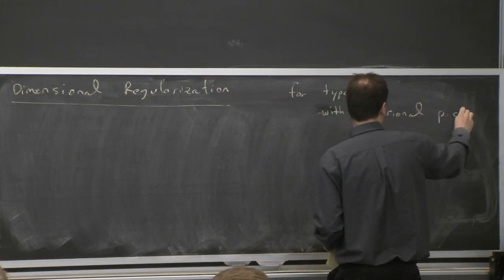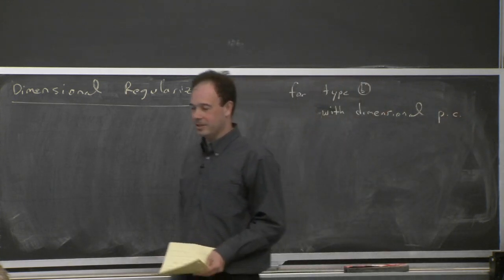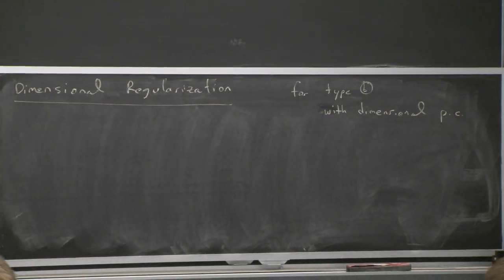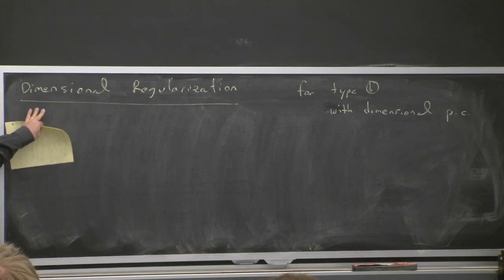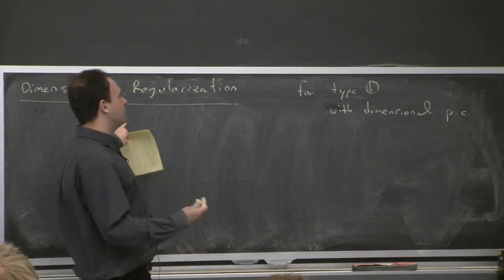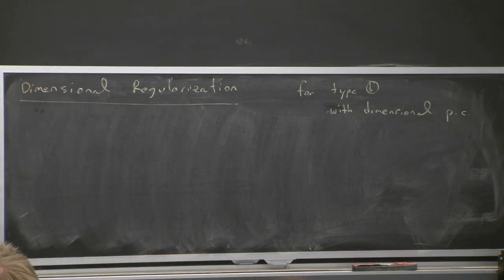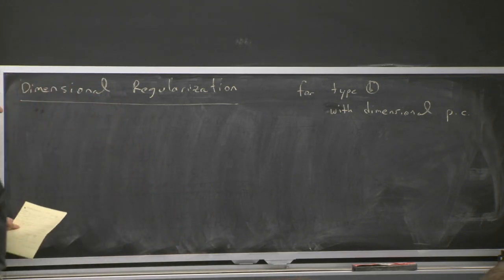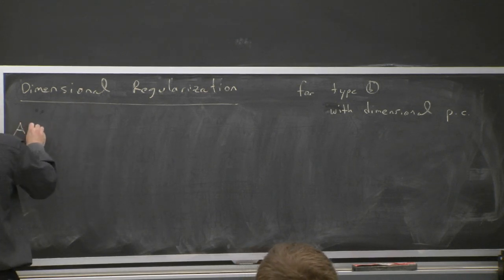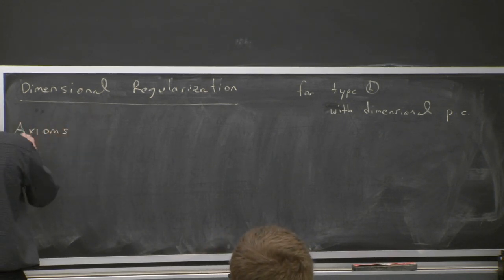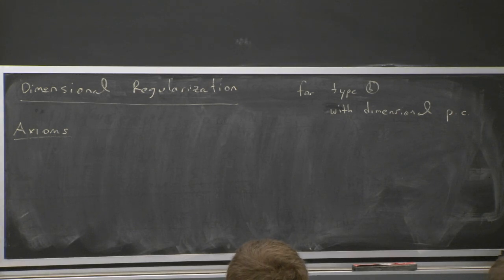Sometimes you'll hear people say that you should always use dimensional regularization for doing the power counting, but that's not quite true in the way that I've told you. It's not that you have to, it's just that it makes things simpler. But given that we want to make things as simple as possible, let's take dimensional regularization seriously. You can actually derive dimensional regularization by just imposing axioms.